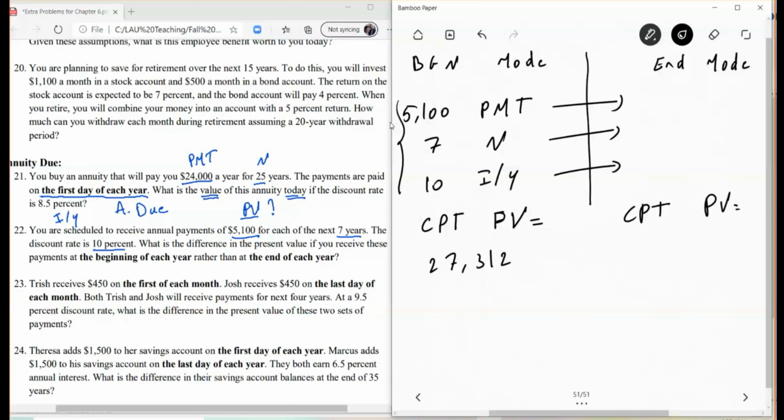The answer now should be 24,829. The difference between receiving those payments at the beginning of the year rather than at the end of the year is 27,312 minus 24,829, and the answer is 2,483.